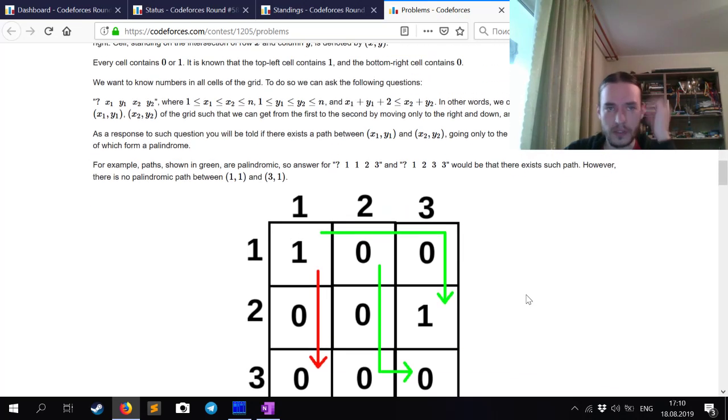So we want to know the numbers, and there are only zeros and ones in the grid. This cell contains 1, and this cell contains 0. So what can we ask? A pair of cells which are at least 2 away.